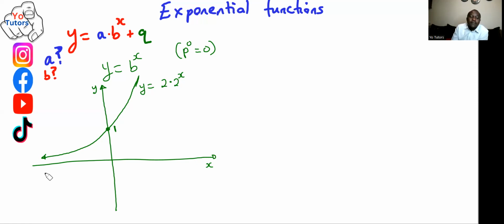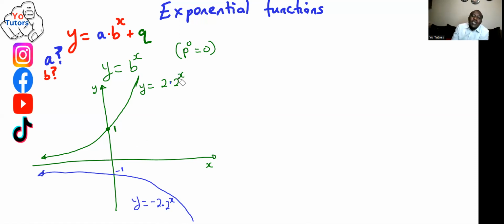Now what about if it's negative? It will be a reflection along the x-axis, and this is what we have. This will be times -1, so we can say y equals -2 in bracket, 2 to the power of x. So it's -2 times 2 to the power of x.